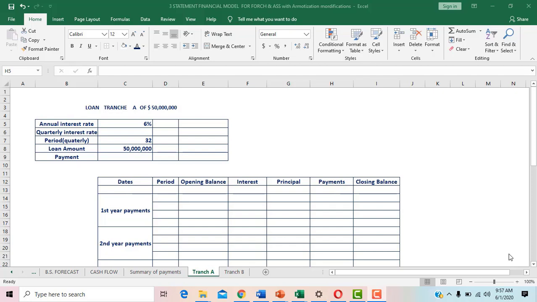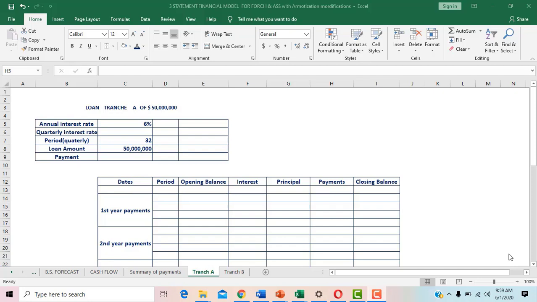The tranche A loan amount will be $50 million to be repaid quarterly for 8 years with an interest rate of 6%, while tranche B has a loan amount of $25 million, and the company will have to repay the loan within 32 quarterly periods, that is 8 years in total. But within the first 5 periods, the company will be expected to pay just the interest on capital. Then from the 6th period, the company will begin paying the interest and part of the principal.